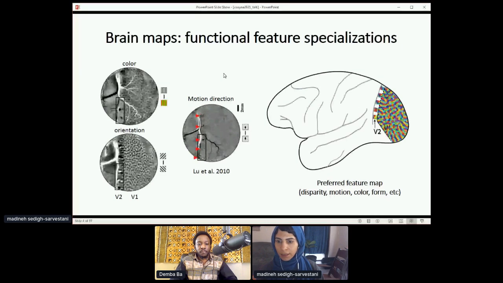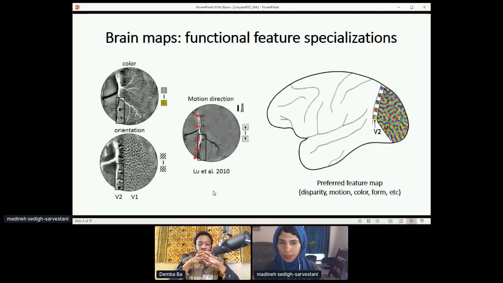So that's this thin strip, the tip of which is visible here, that has these different segregated interleaved stripes that are sensitive to things like orientation, color, motion direction, disparity, etc. And we don't really understand why these functional domains are segregated and interleaved in this way, but one idea is that their interleaving ensures that each part of the visual field on the cortex here has equal access to these different features all along the visual field.